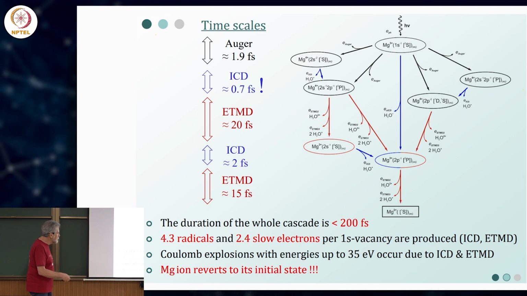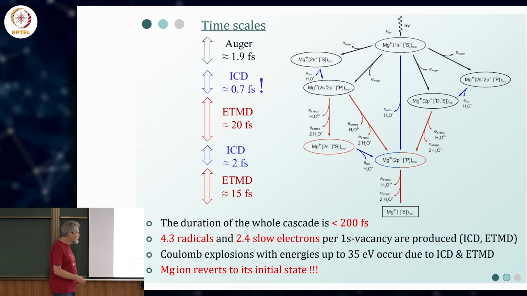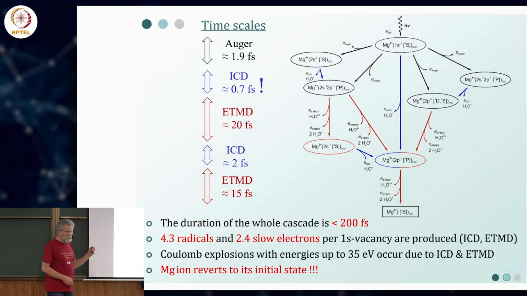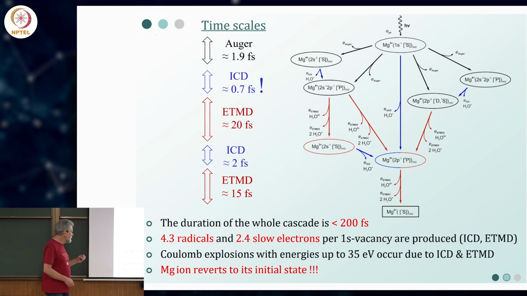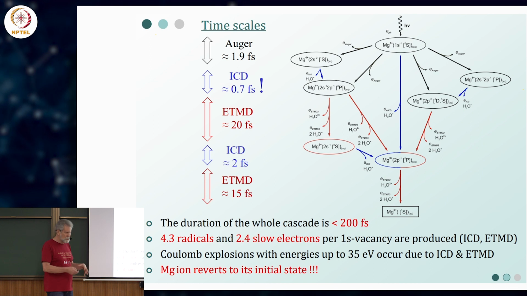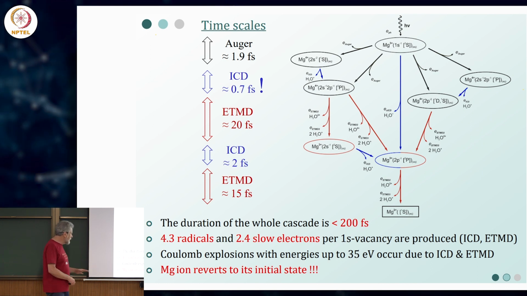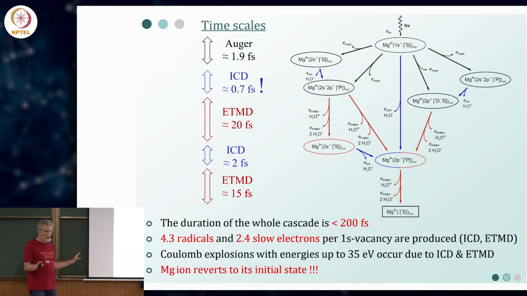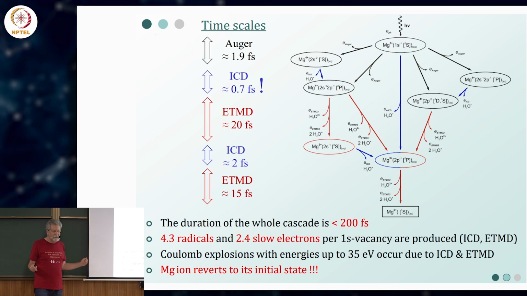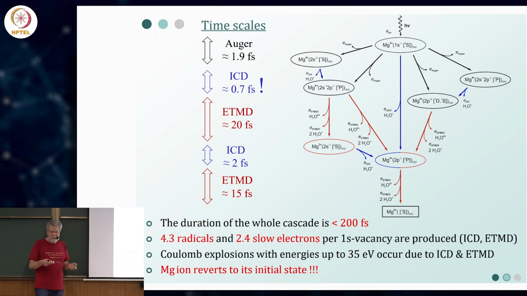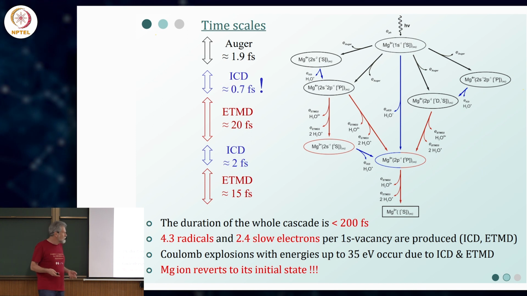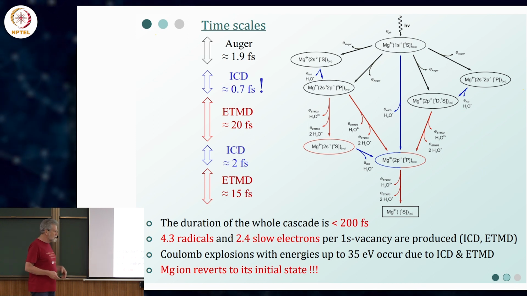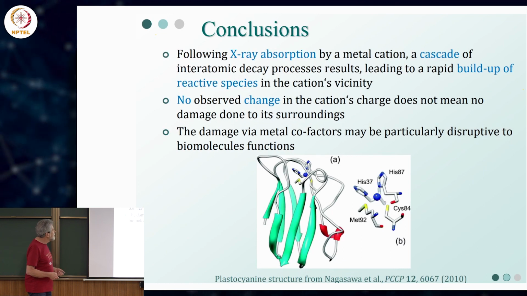These are probabilities which way you go, per a single vacancy produced by a single X-ray. Okay, and then you have Coulomb explosions, it's additional energies, and at the end, the magnesium ion reverts to the initial state. Okay, so it's a cycle. So it's a damage cycle which happens, and luckily the experiments have been done now and show exactly that.